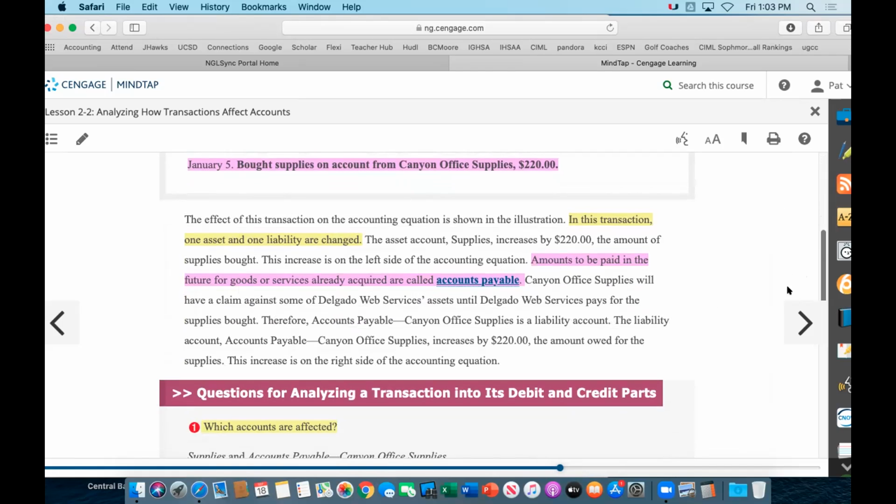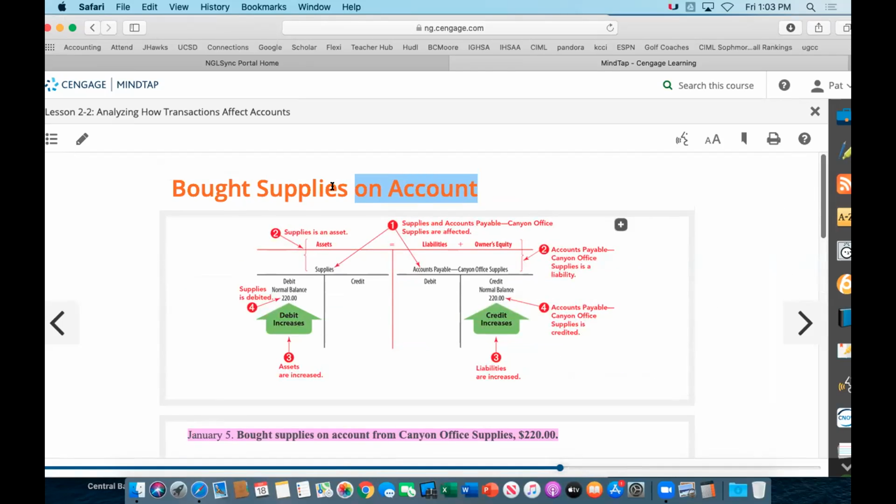Buying supplies on account means I get this stuff right now and I'll pay you later. Okay, so for that transaction 4, we are gaining or increasing the asset supplies, so that is a debit. And we are increasing a new bill. It's a liability, accounts payable.